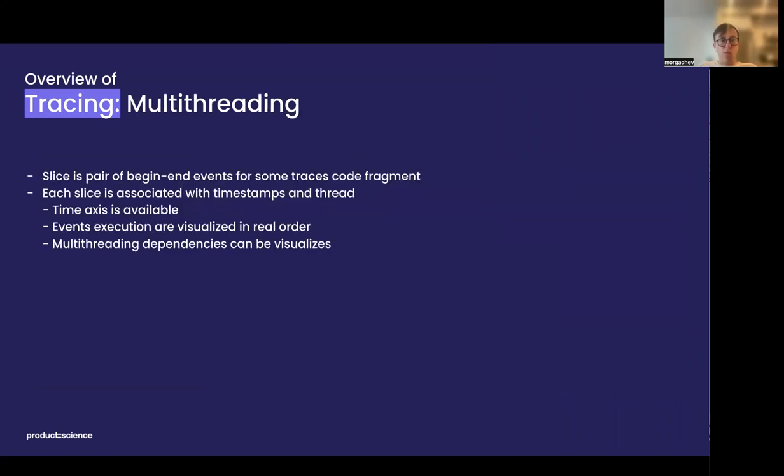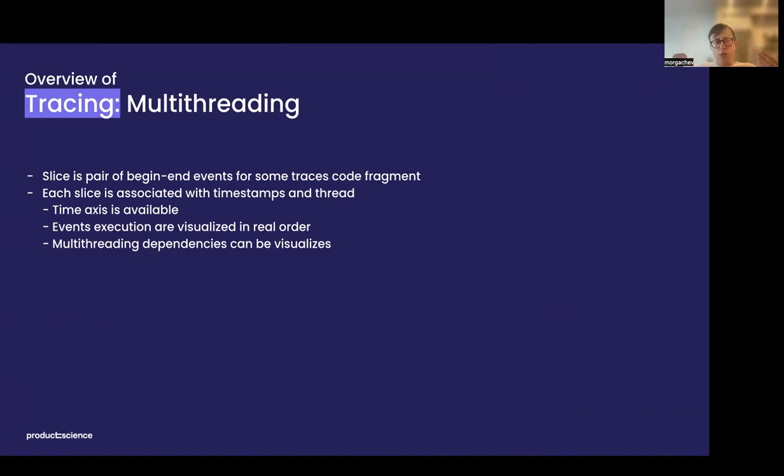So a slice is, as I said, a pair of begin and end events for some traced code fragment, and each slice is associated with these timestamps and also associated with a thread.